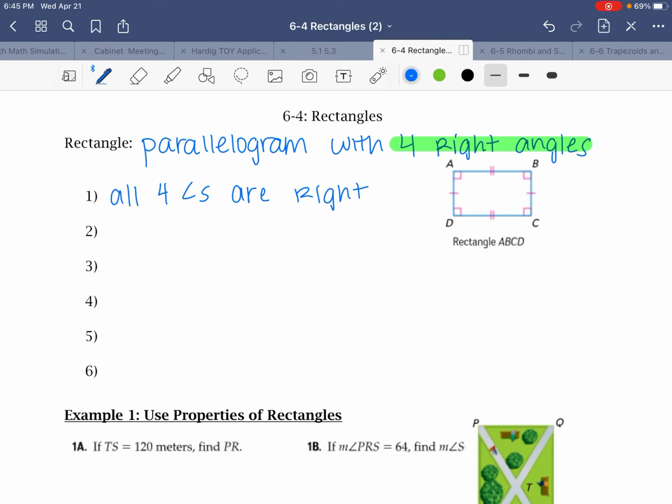Our second, where opposite sides and angles, opposite sides are parallel and congruent. Opposite angles are congruent.